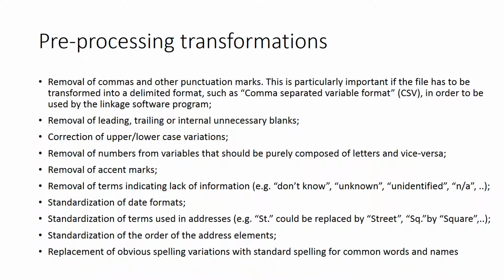Do you write a date with year, month, day, or day, month, year? This might again improve your linkage process. Standardization of terms in addresses will improve linkage, as will the order of address elements. And the replacement of various spelling variations with standard spelling of common words and names.